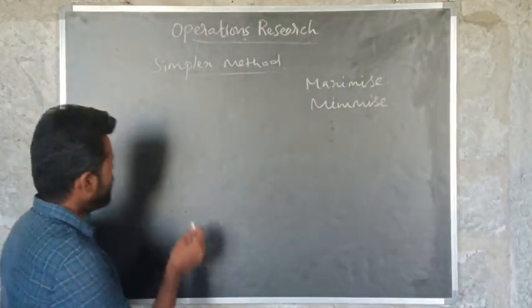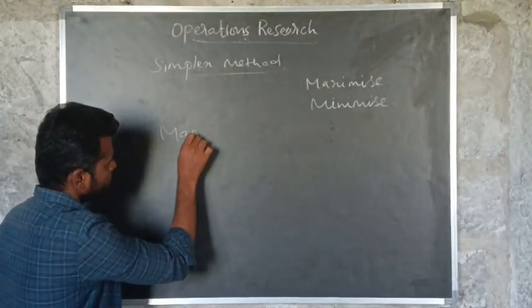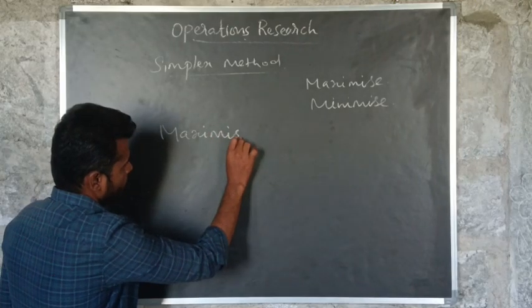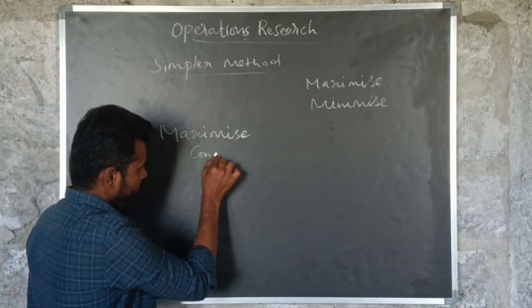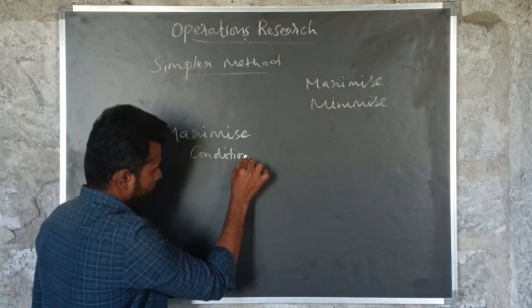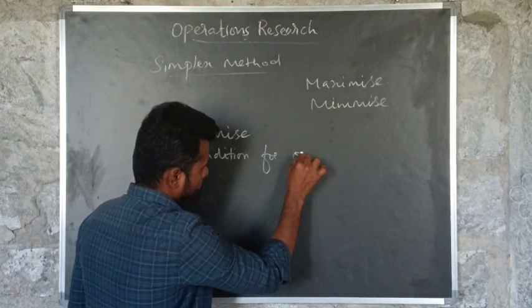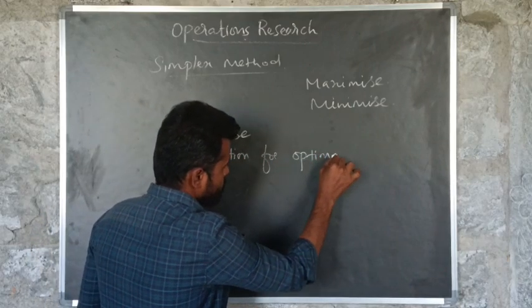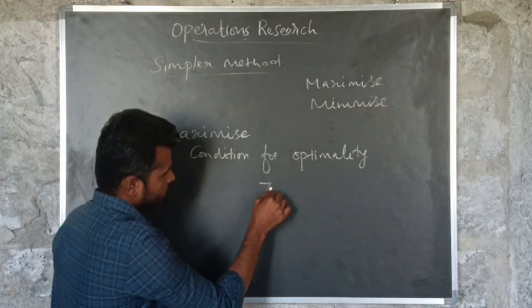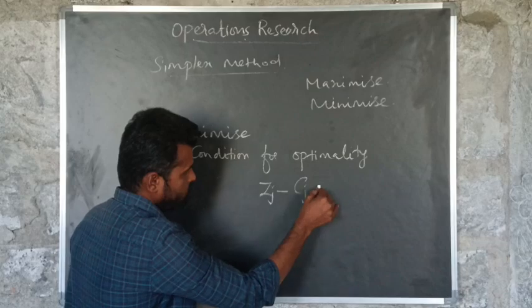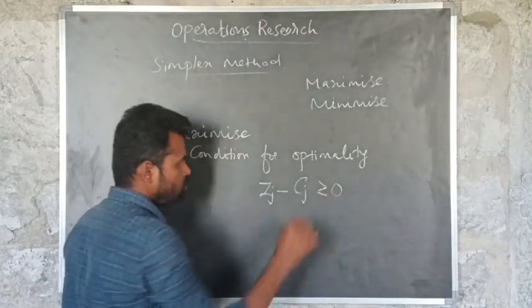In maximization, the condition for optimality is Zj minus Cj should be greater than or equal to 0.